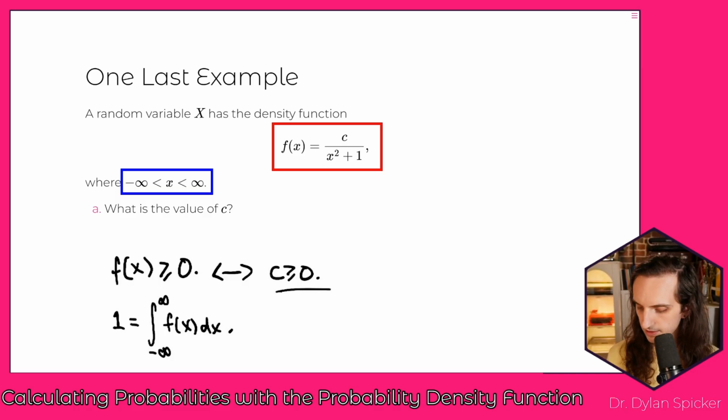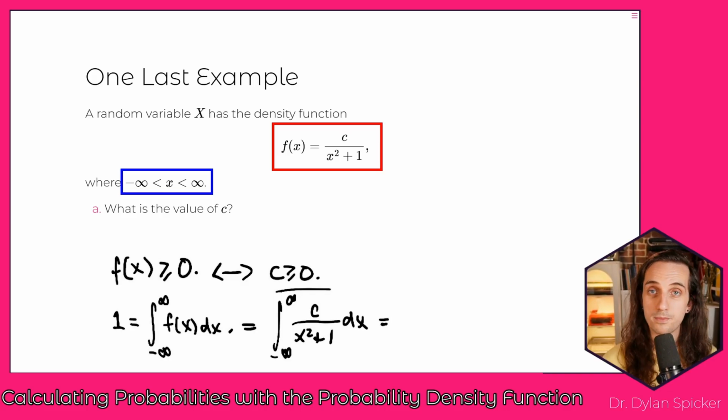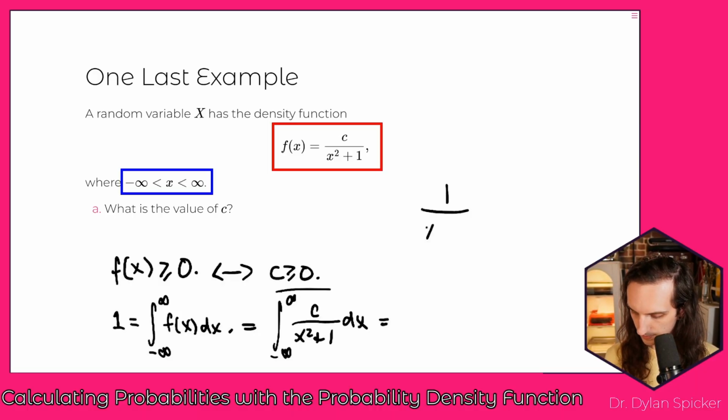Okay, and so then in this case, right, if we just simply plug this in, that's going to be the integral from negative infinity to positive infinity of c divided by x squared plus 1 dx, right? And if we remember our integrals here, right, the integral of 1 divided by x squared plus 1 integrates to be the inverse tangent, right, the arctan function.